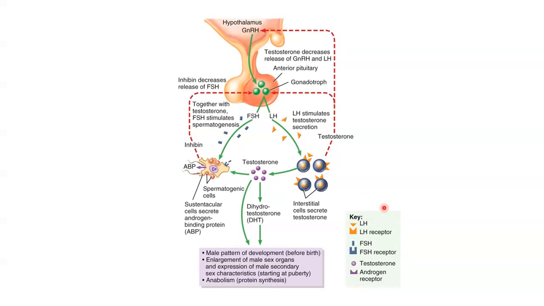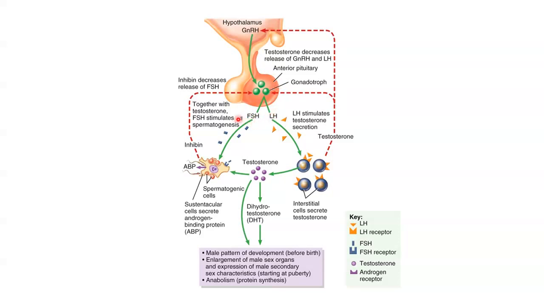Just to show that the male reproductive system can be just as complex as the female reproductive system, and the interaction between all the sex hormones. So we have that gonadotropin releasing hormone again being released by the hypothalamus, stimulating the release of follicle stimulating hormone and luteinizing hormone from the anterior pituitary.